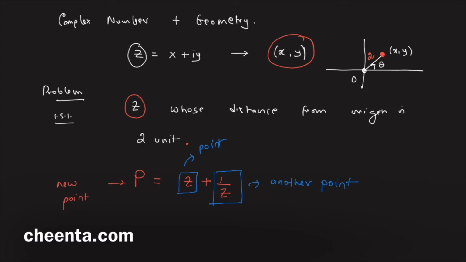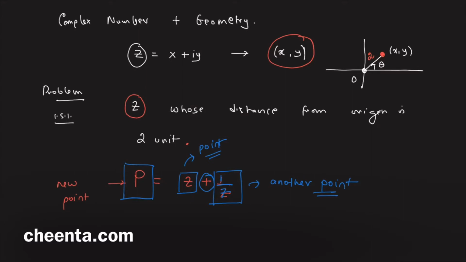And I'll tell you exactly how 1 over z is also a point in the coordinate plane. Now once you have 2 points, you can add them to create a third point, which is our point P.